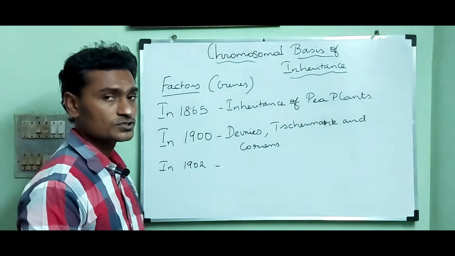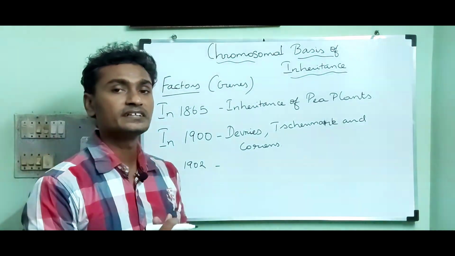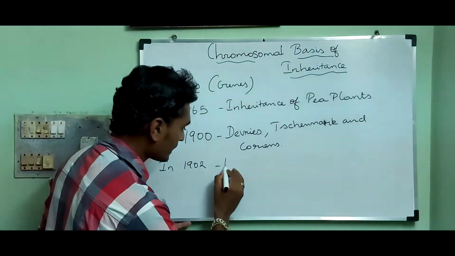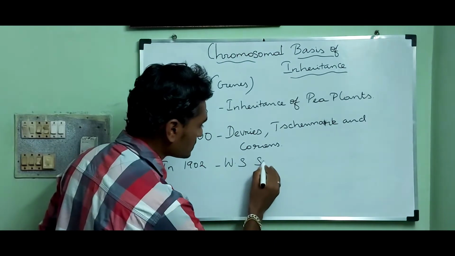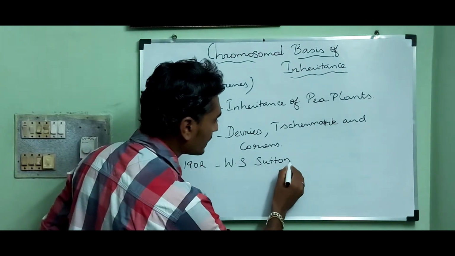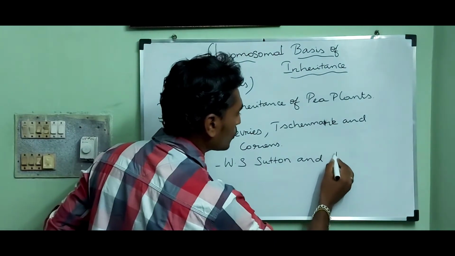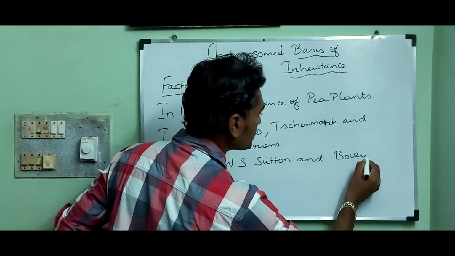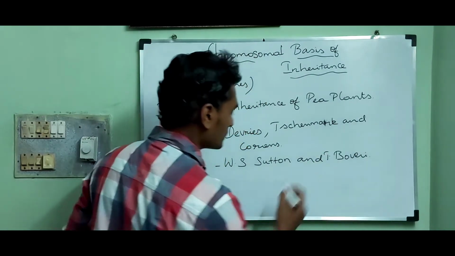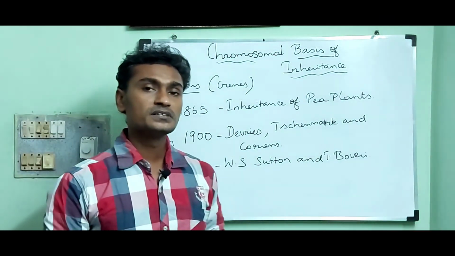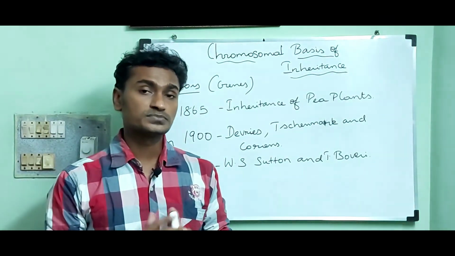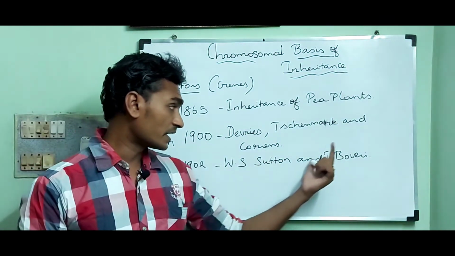In 1902, the chromosomal theory of inheritance was proposed by W.S. Sutton and T. Boveri.